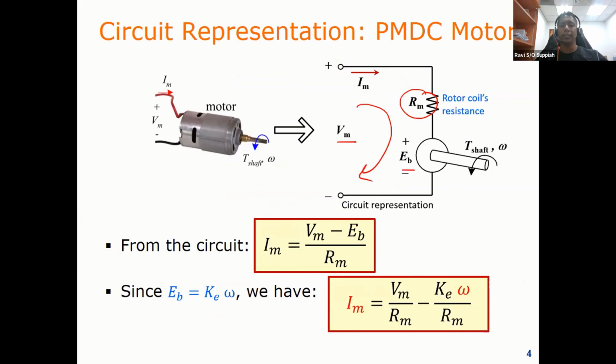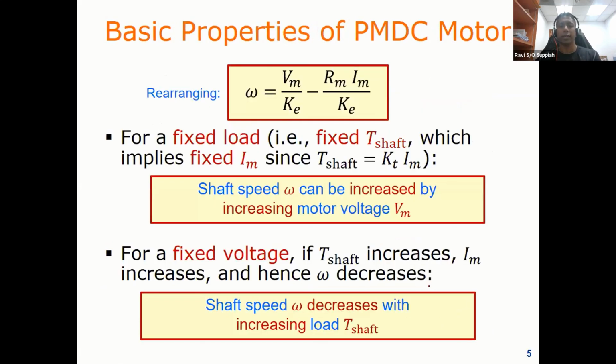Since EB is KE omega, we can substitute that into the equation. We have another equation that relates to IM, and by rearranging it, I can get the omega formula here.